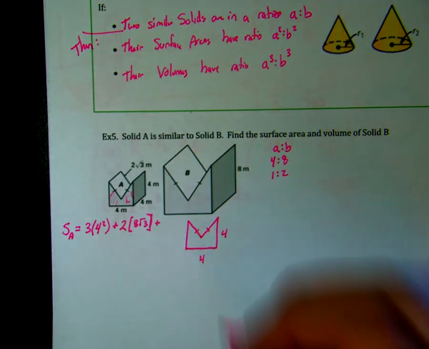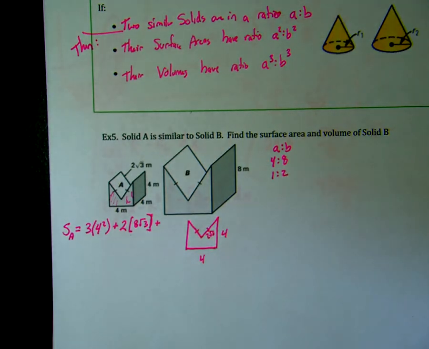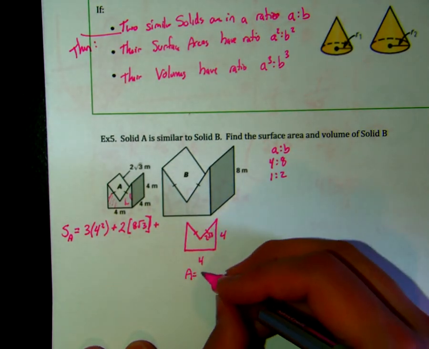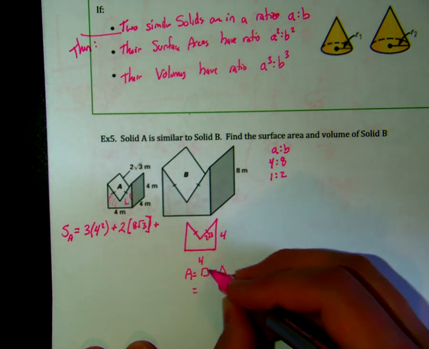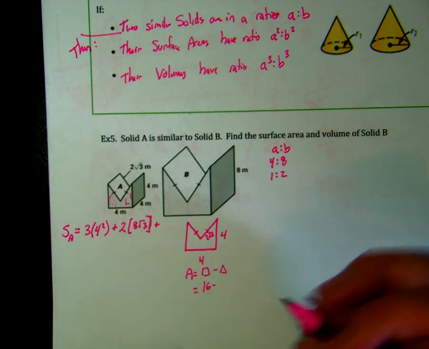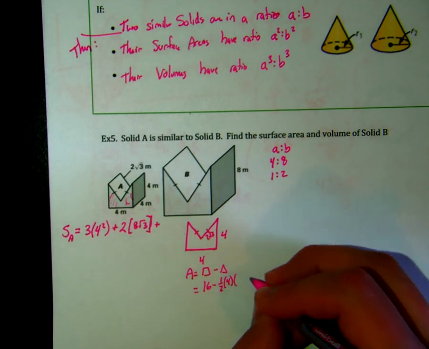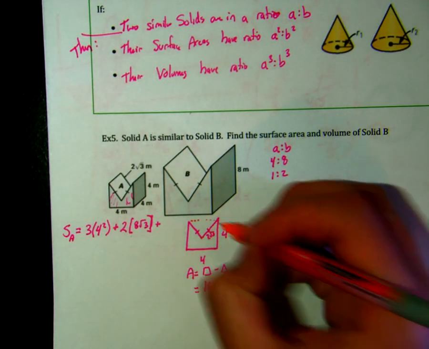This side here is 2 root 3. So this area is a square minus a triangle. The square is 4 by 4, that's 16. The triangle is 1/2 base times height. The base of the triangle is 4, because this distance across there is 4.